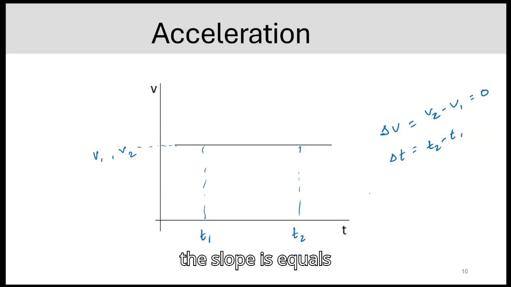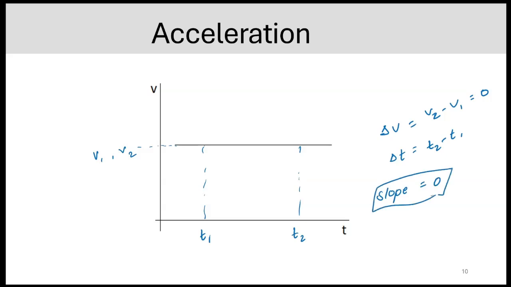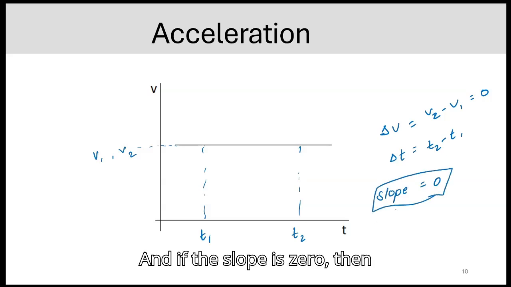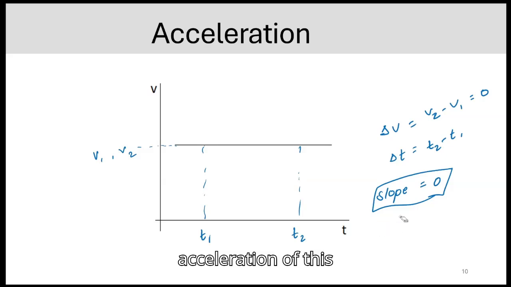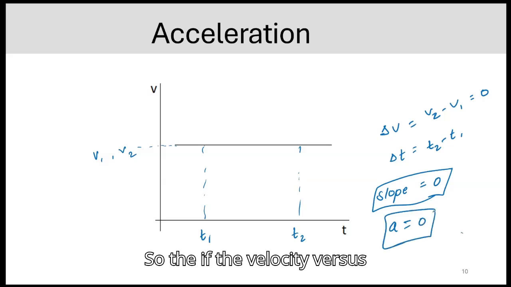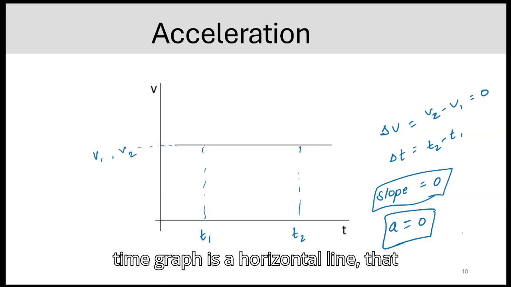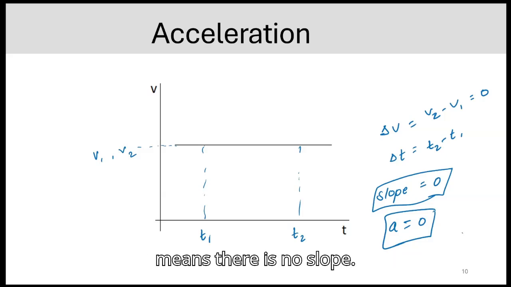So the slope is equal to 0, and if the slope is 0, then the acceleration of this object is 0. So if the velocity versus time graph is a horizontal line, that means there is no acceleration.